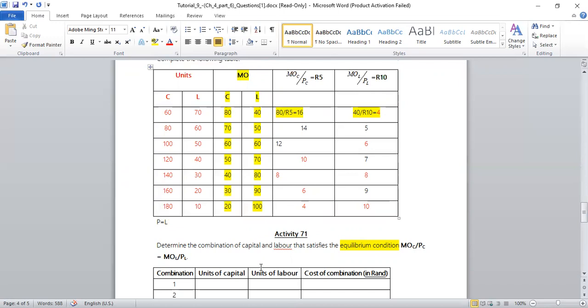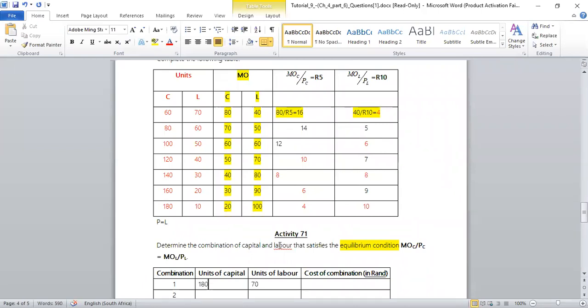How many units of labor in our first combination? Units of labor is 70. Sorry, units of labor is 70. How many units of capital? Units of capital is 180.